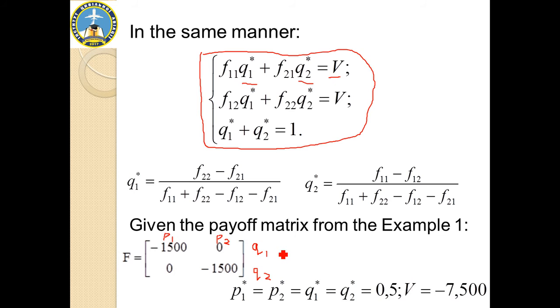Again, we introduce the probability or share for the creditor. Q sub 1 is the probability of the creditor looking for the businessman at point 1, and Q sub 2 is the probability for the creditor to look for the businessman at point 2.